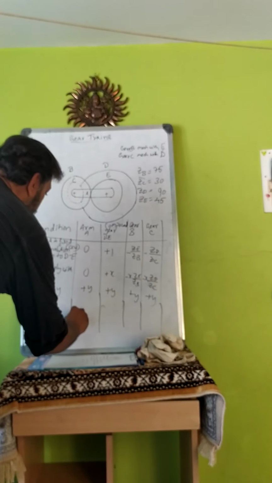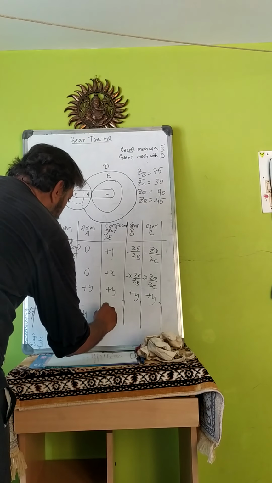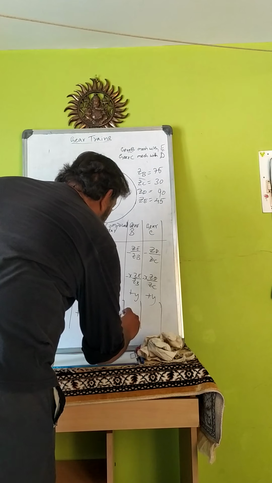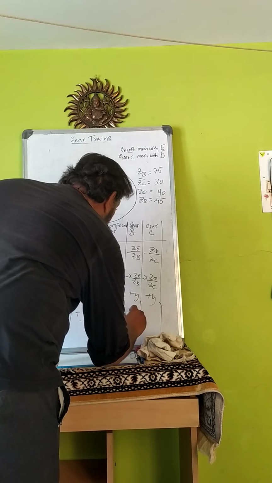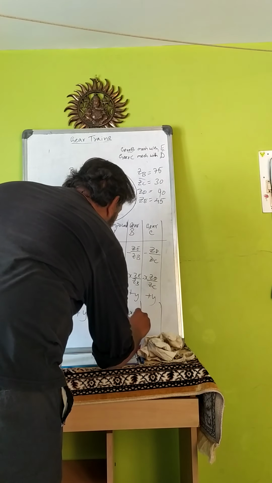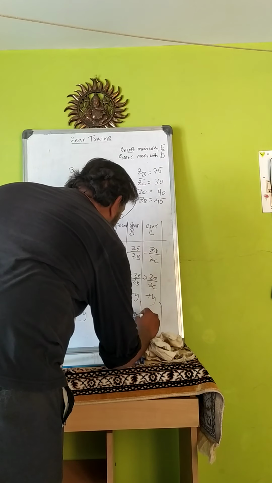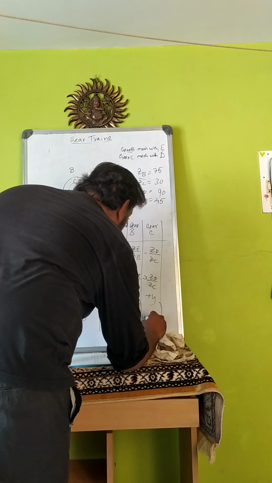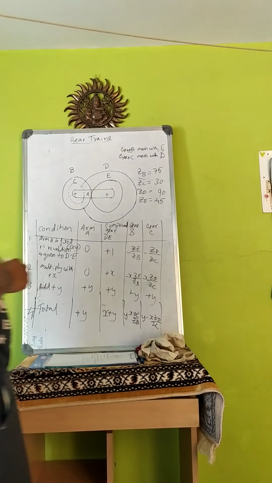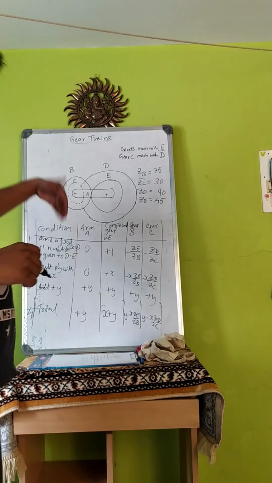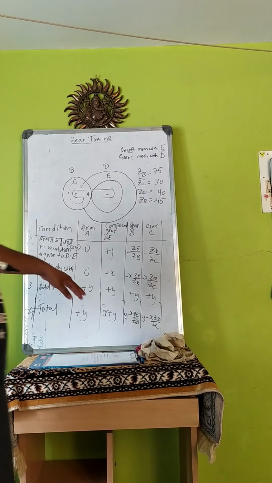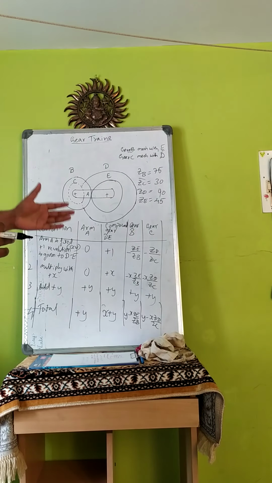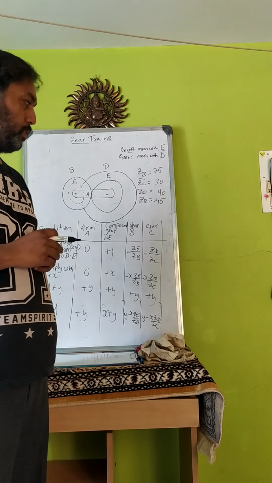So this will be plus Y, this will be X plus Y, this will be Y minus X ZE by ZB, and this will be Y minus X ZD by ZC. So now we have determined the velocity ratios of all the things. Okay, now we have an idea of velocity ratio.